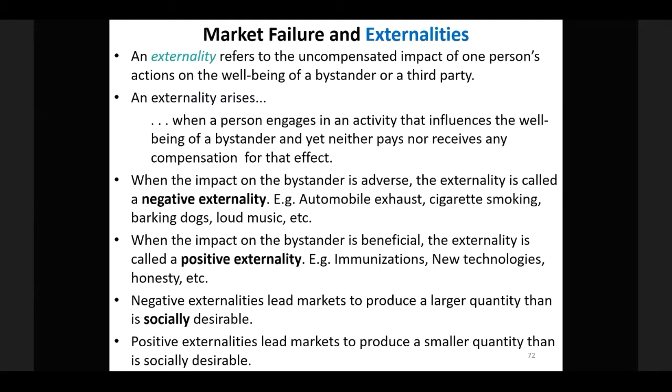So the first perspective says that an externality refers to the uncompensated impact of one person's action on the well-being of a bystander or a third party.